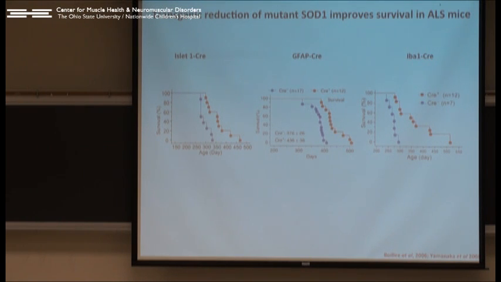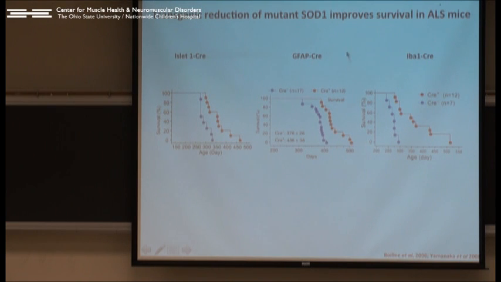These are Kaplan-Meier survival curves, so 100% of animals are alive, then 0% of the animals are alive. Upon Cre-mediated recombination, this Islet-1 Cre is selectively reducing mutant SOD1 in the motor neuron pool. So it's a driver for motor neurons. And they saw about a 20-day to 30-day extension of survival of these animals.